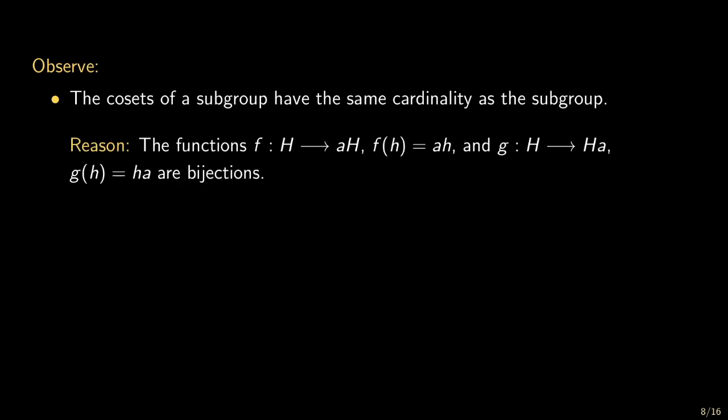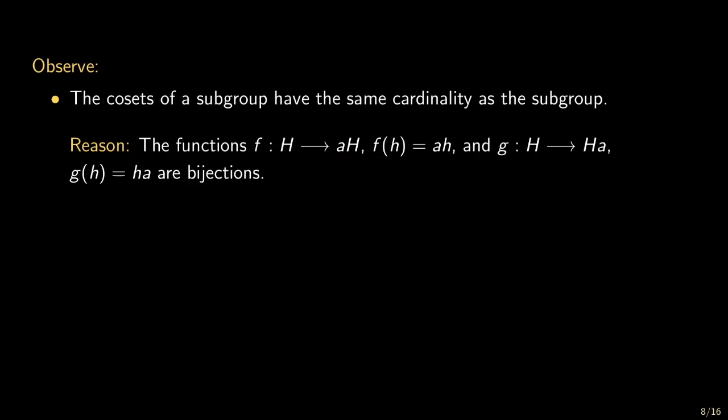The reason is because if we pair up the elements of H and the left coset AH using the following pairing, na si h, i-map mo sa ah, kung right cosets naman, si h i-map mo sa ha, you can check that these functions are bijections.